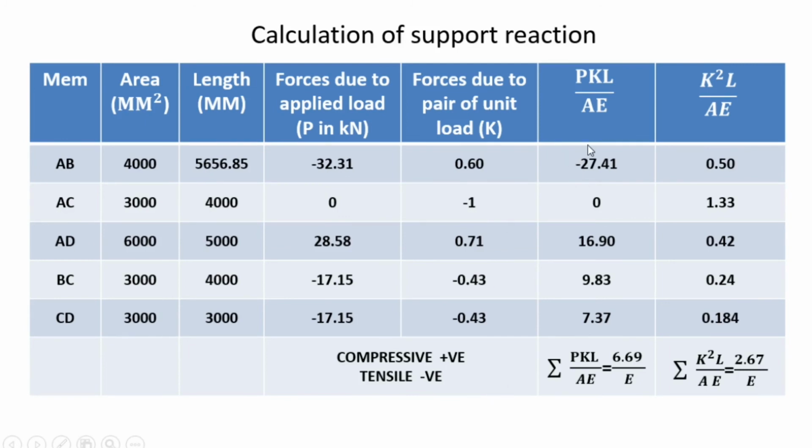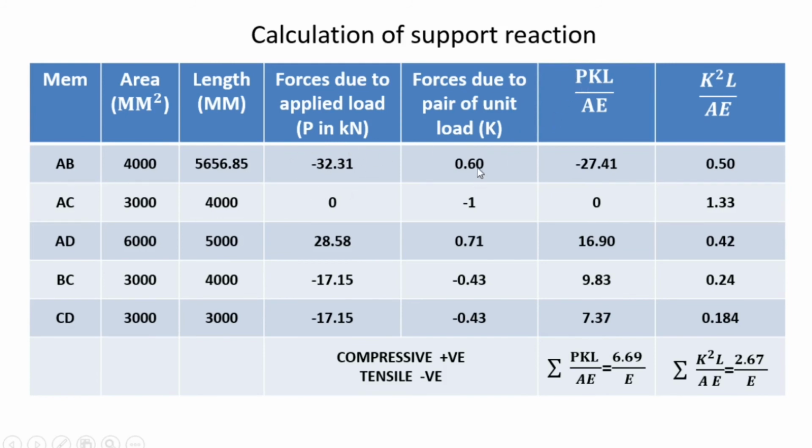The next important column is PKL by AE. Here P is the force developed due to the applied load, K is the force developed in the member due to the unit load, L is the length of the member, A is the area of the member, and E is the modulus of elasticity.